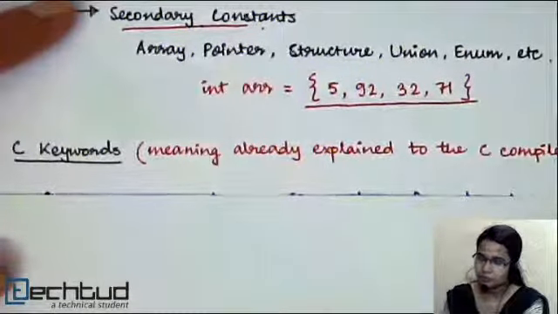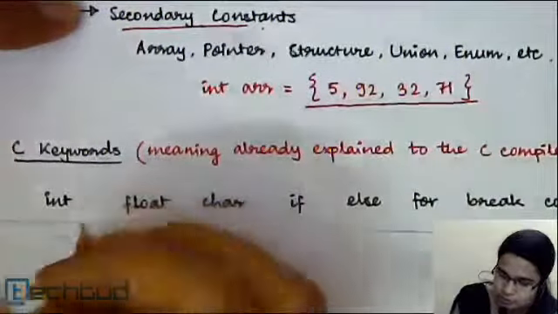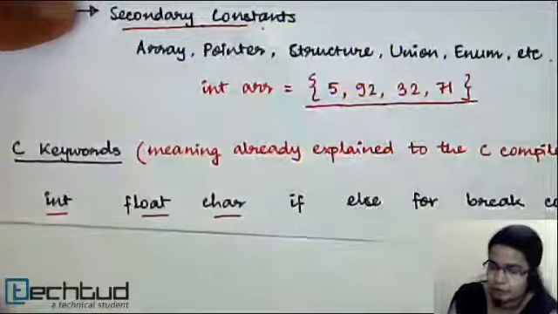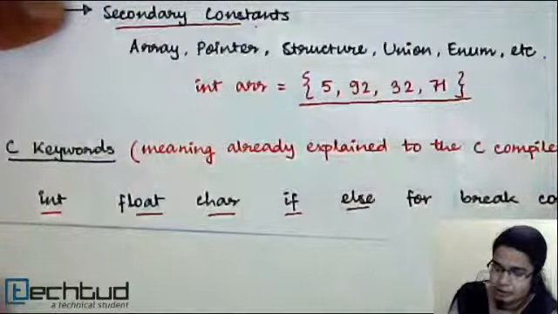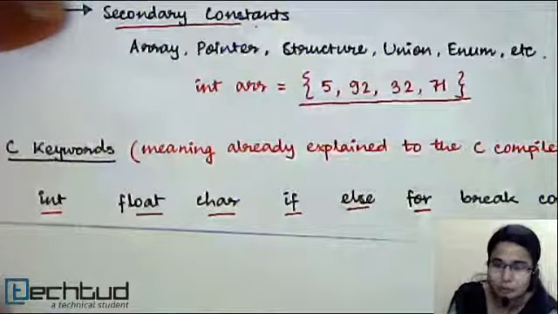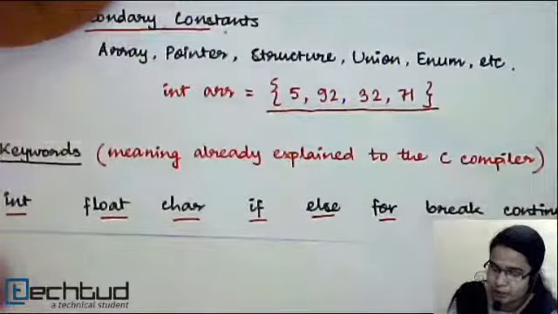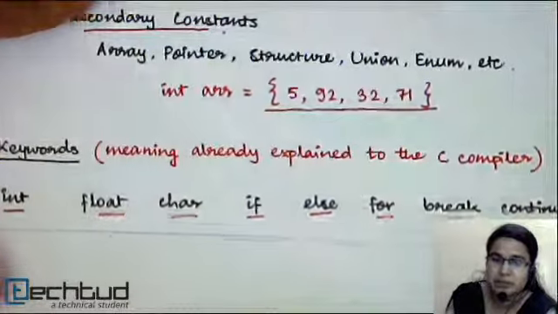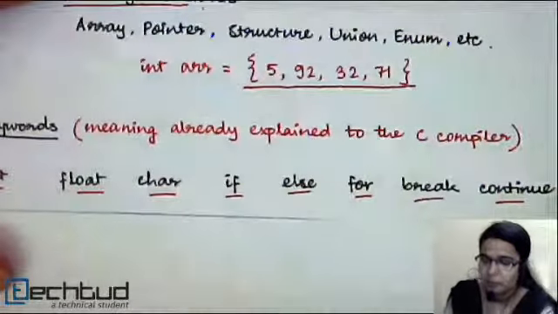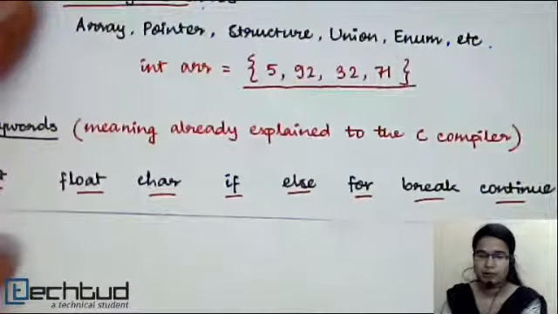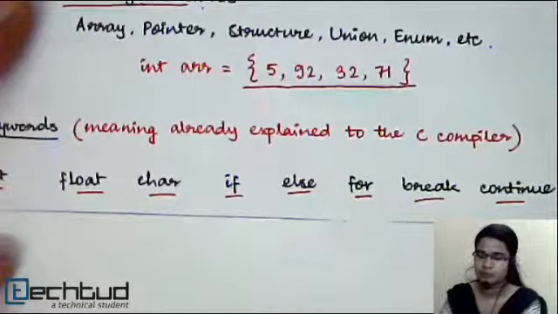A few examples are int, float, char to declare the type of a variable, if, else for condition checking, for looping, while, do while, etc. Also break, continue to change the course of a loop. So there are a total of 32 keywords, and all of them you can find in the resources portion.